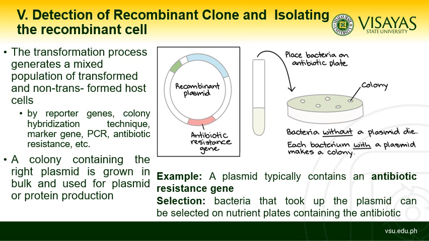For instance, when we try to insert a gene into a plasmid using a particular restriction enzyme, in some cases the plasmid closes back up. Even though the restriction enzyme cut it, there are instances where it closes again, so it can't take in the gene. In other cases, the gene backs out before it is ligated by DNA ligase.